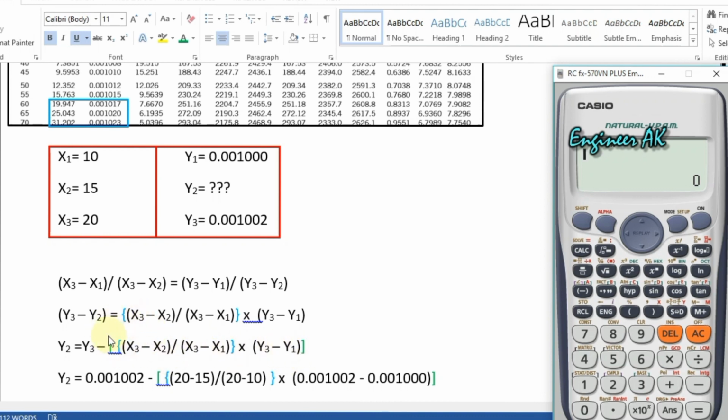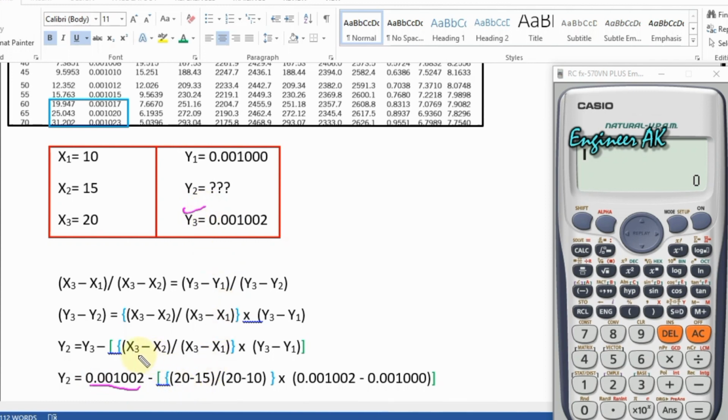If I plug in the values, y3 is 0.001002. Here I have put that value. So this is y2 and y3 that I have put.